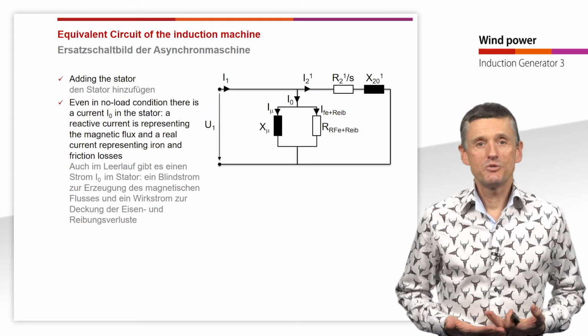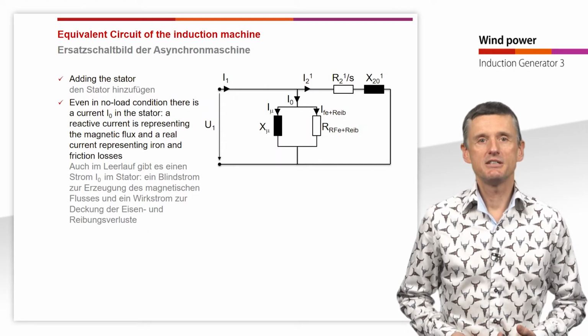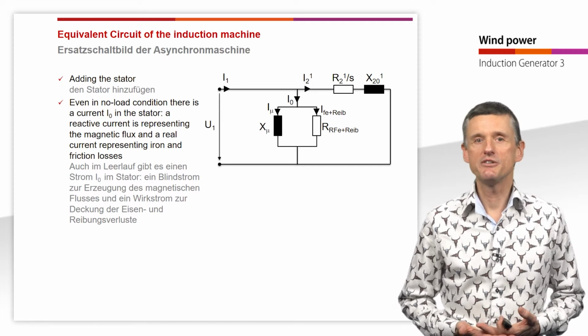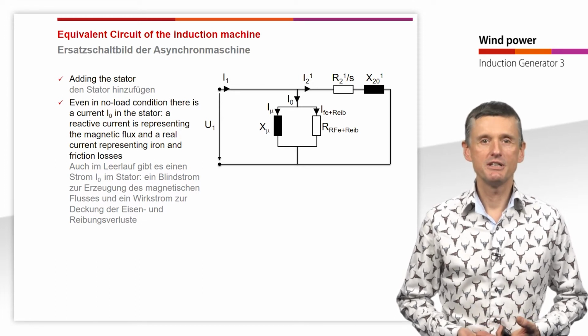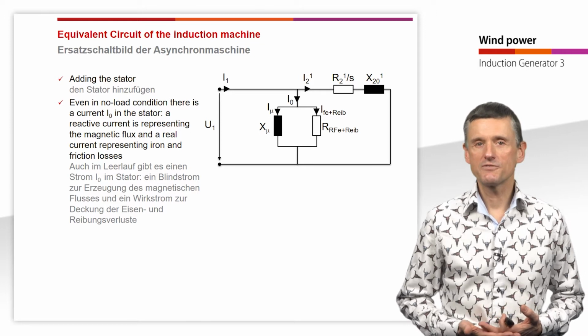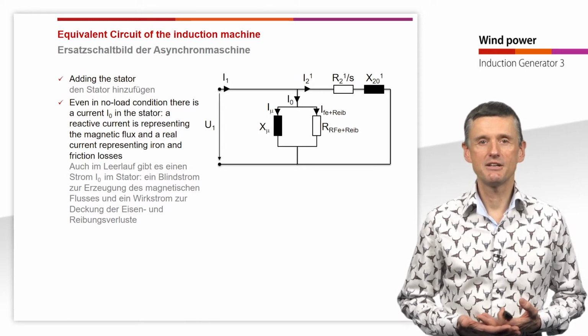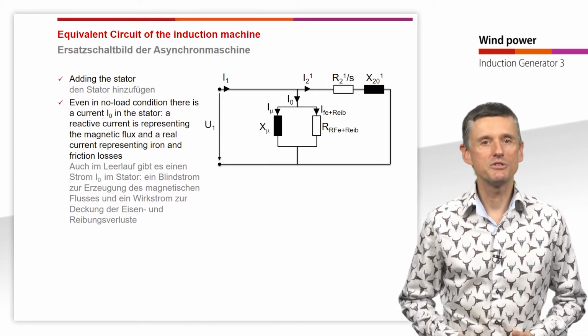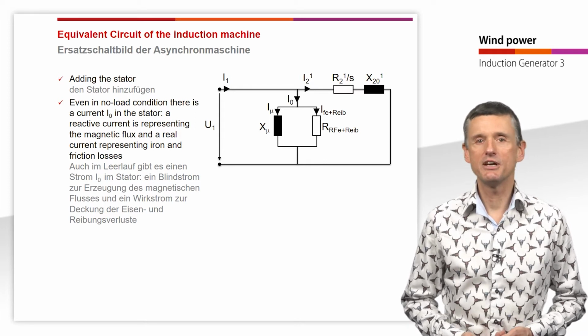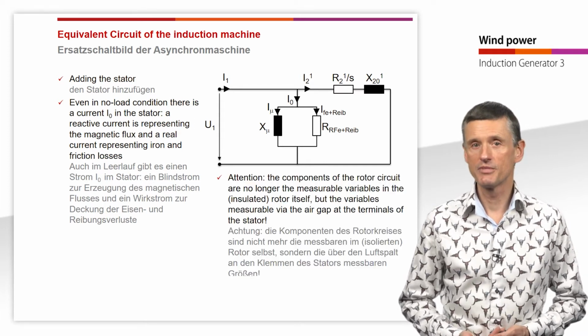So now we need to add the stator, and even in a no-load condition there is a current I0 in the stator. A reactive current is representing the magnetic flux, and the real current is representing the iron and friction losses.